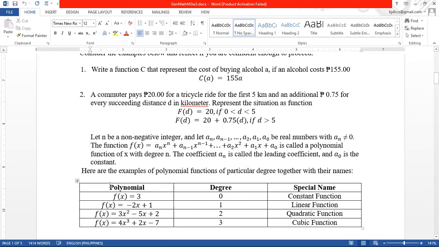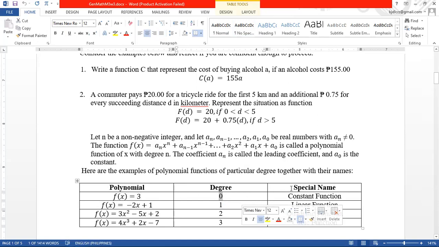Okay, first, the polynomial f of x is equal to 3. The degree is 0, and the special name is constant function, since this one is only a constant, only a sub 0. It has no degree, no coefficient.